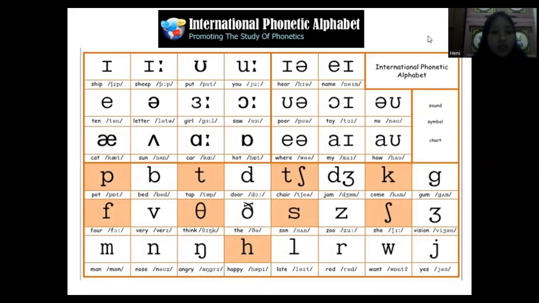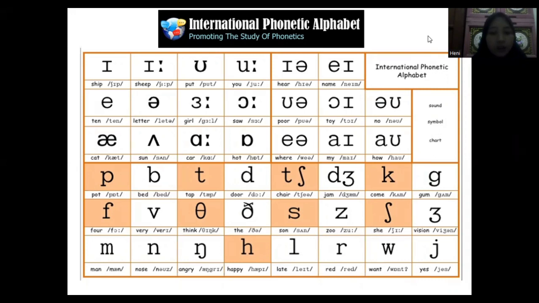Okay, so this is the IPA chart. I'm going to explain the sounds to you one by one. If you look at the chart, it is divided into 3 parts. The first area is vowels, the second is diphthongs, and the third one is consonants.